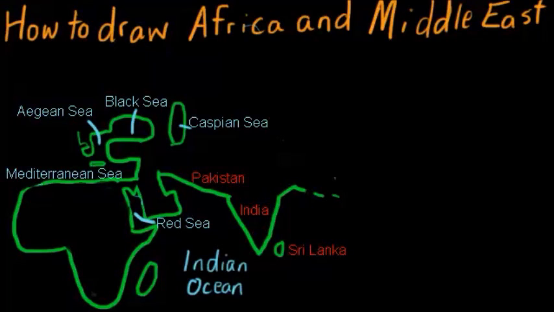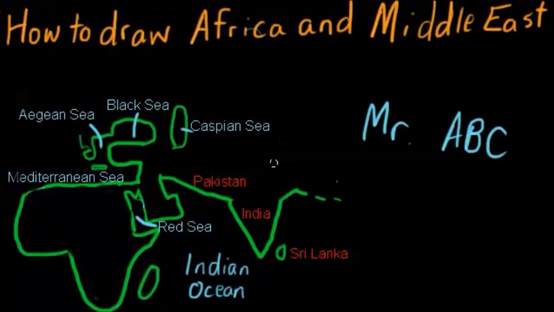If you read across, starting from the Mediterranean Sea to the Red Sea, and then from the Aegean Sea, Black Sea, and Caspian Sea, there's a pattern here, and it says Mr. ABC. So M for the Mediterranean Sea, then R for the Red Sea, A is for the Aegean Sea, B is for the Black Sea, and C is for the Caspian Sea.